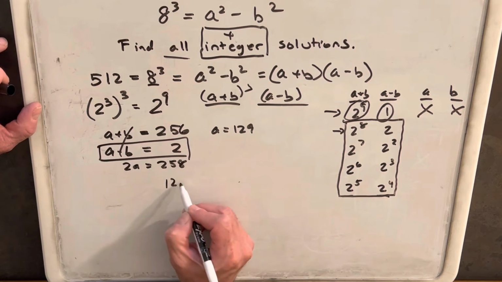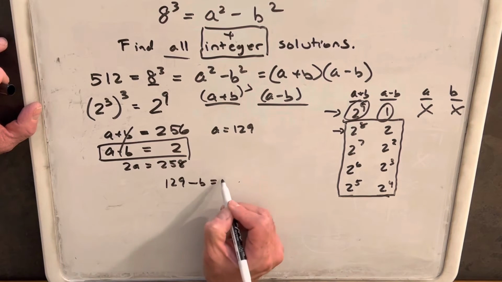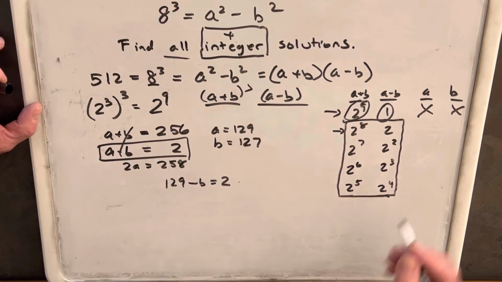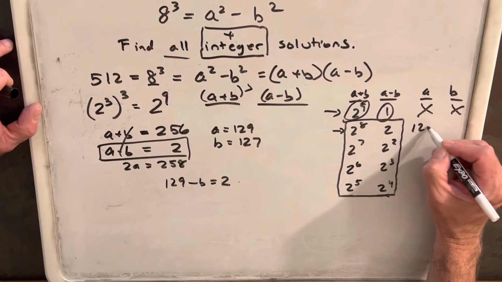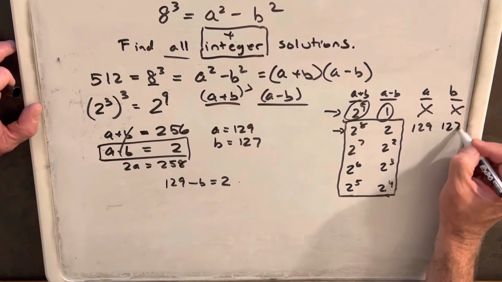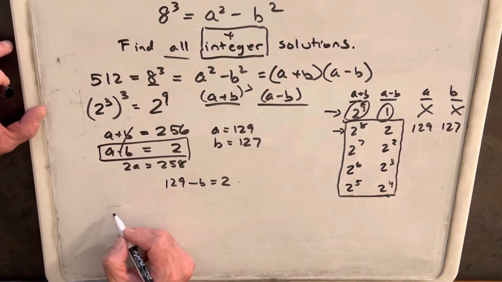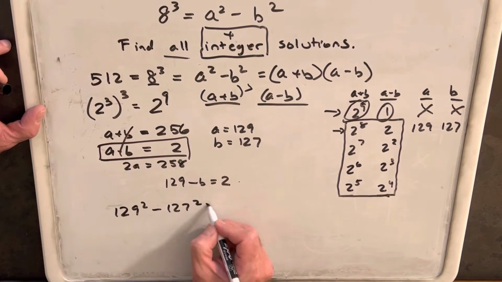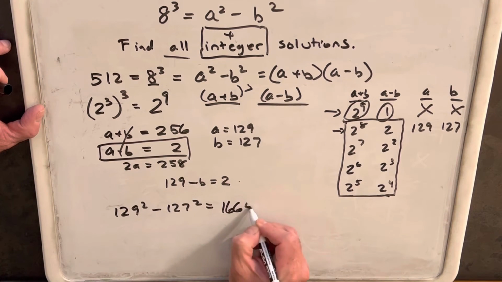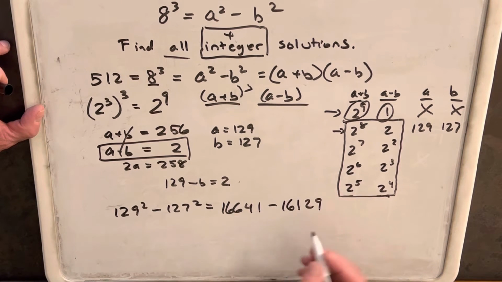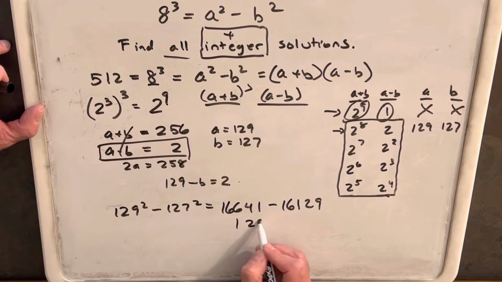So we're going to say 129 minus b equals 2. So that means b equals 127. We'll just fill that in on our table here. We'll do a quick confirmation. 129 squared minus 127 squared is 16641 minus 16129, and that difference is going to be 512.